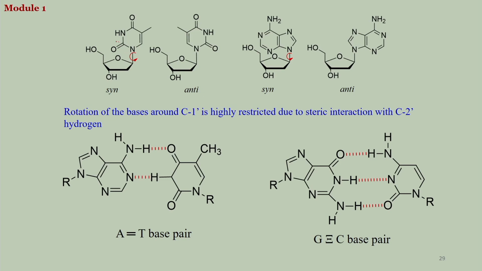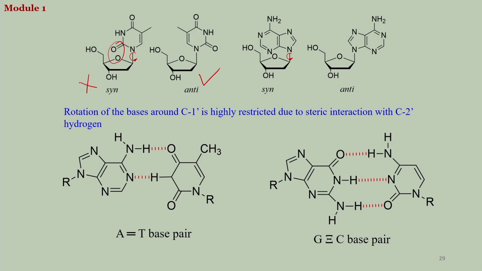Here you have a lone pair repulsion, which is absent in the other case, and since the double bond is planar and flat, there is no other steric effect. Here there are steric interactions as well as lone pair repulsion that make the syn form less favorable. The anti form is more favorable, and this becomes clearer when you consider the purine bases.